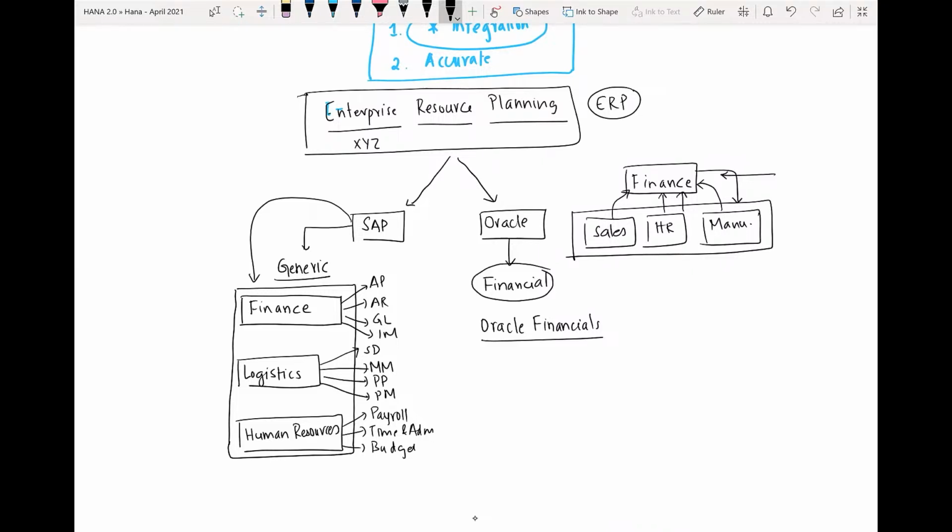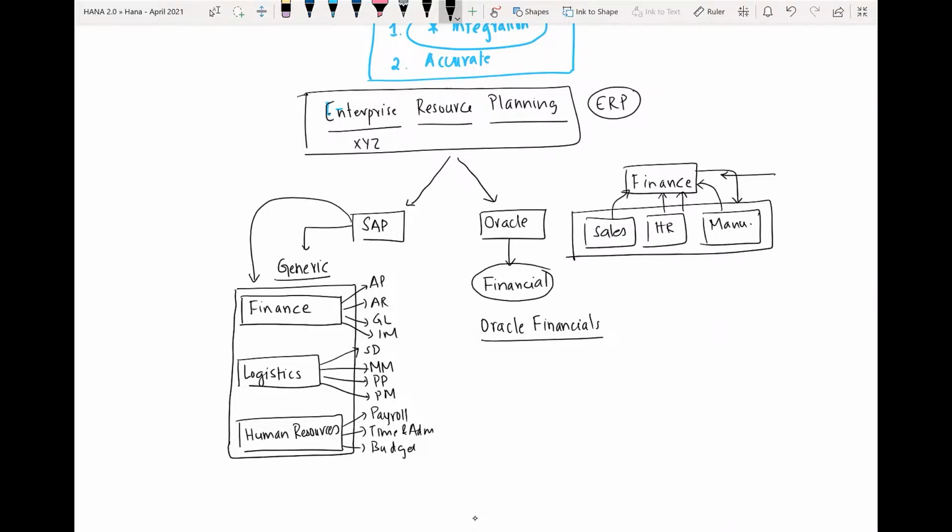I'm not going to focus on what's happening within your human resources. I don't care about how you hire people, how you fire people, how you plan for your next hires for the next year, and so on. As long as there is a financial aspect associated with it, and it's going to make a difference in your finance department, I'm going to only focus on that aspect of your organization.